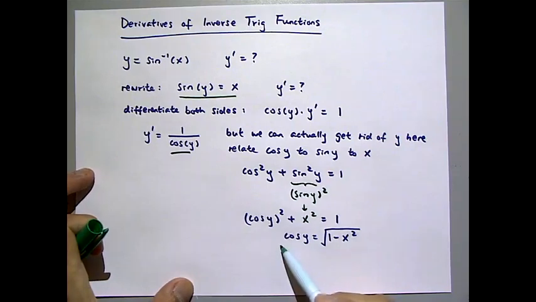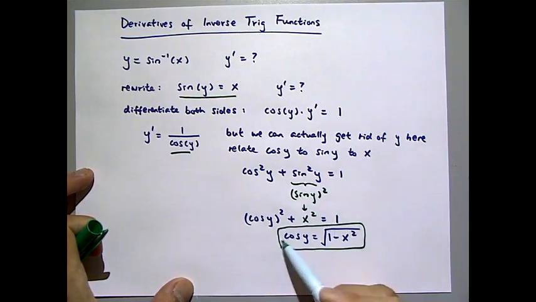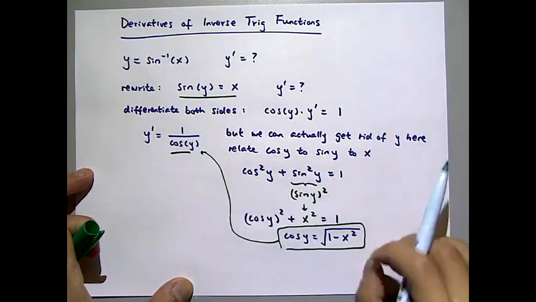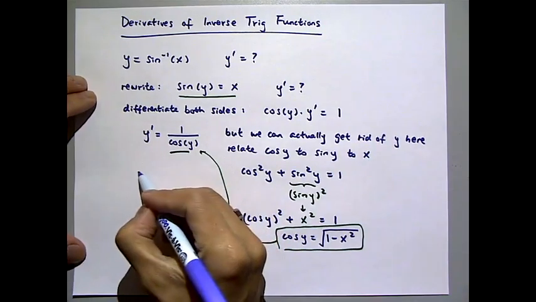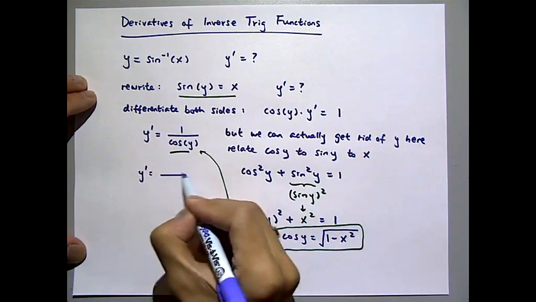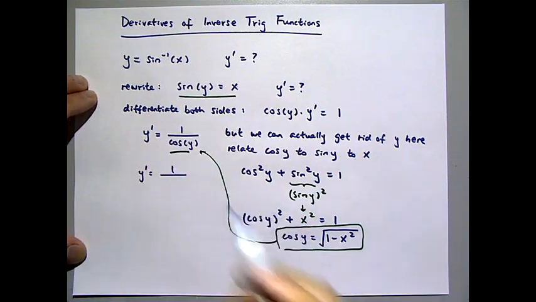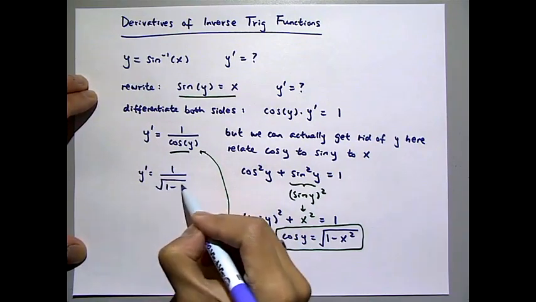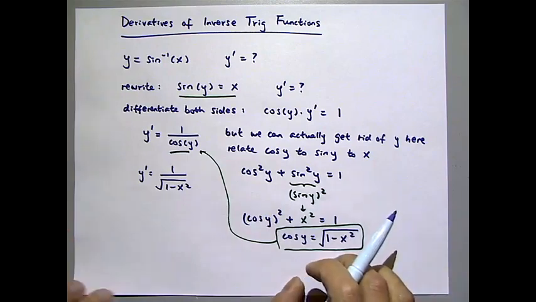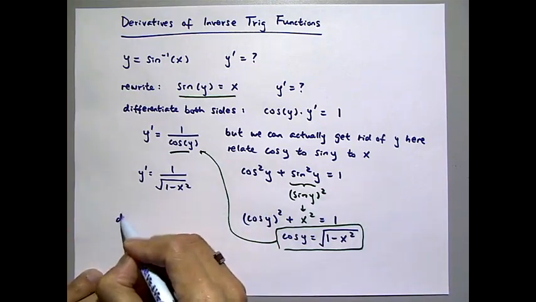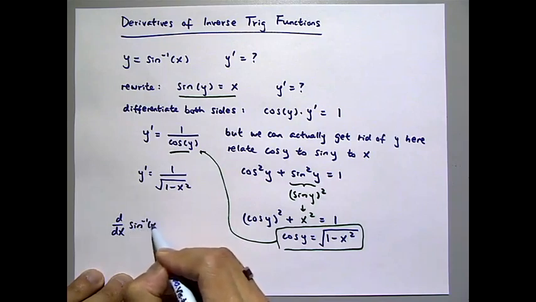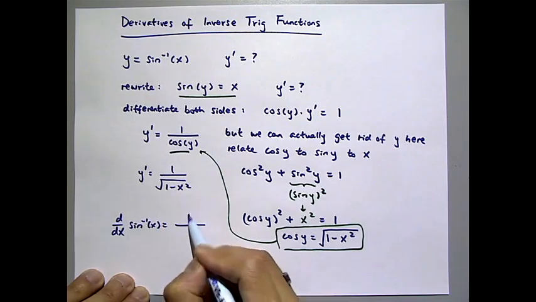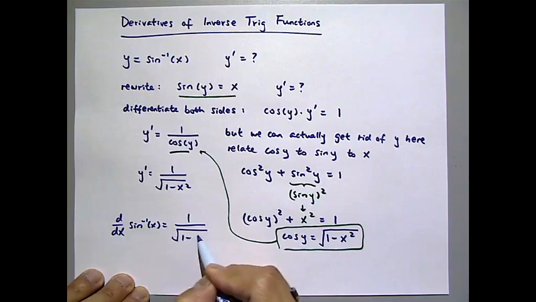Now I can take this entire thing here, replace that, and finally I see that y prime is equal to 1 over radical 1 minus x squared. In other words, the derivative of inverse sine of x is 1 over radical 1 minus x squared.